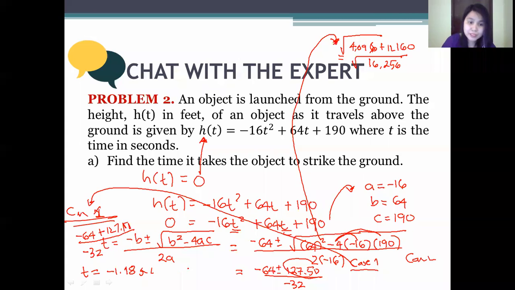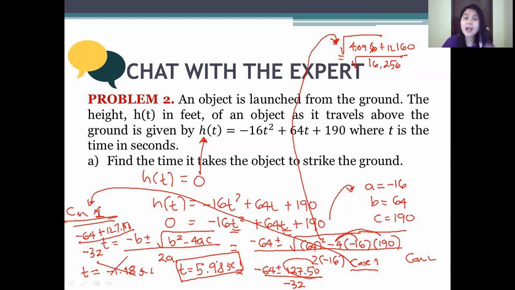If you solve for case number 2, the negative and negative divided by negative, the answer will be 5.98 seconds. Remember that we are talking of time, so we could not have a negative value for time. So the only possible answer is 5.98 seconds.